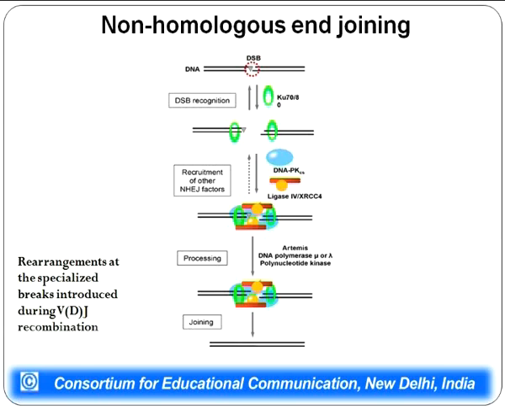Sometimes it happens that the damage to DNA is extensive, and normal DNA repair mechanisms like base excision repair, nucleotide excision repair, or double strand break repair cannot function properly. So for that particular condition, there is another repair mechanism which comes into play, known as the non-homologous end joining mechanism, or NHEJ mechanism. This particular mechanism uses certain proteins, of which Ku70 and Ku80 are very important.